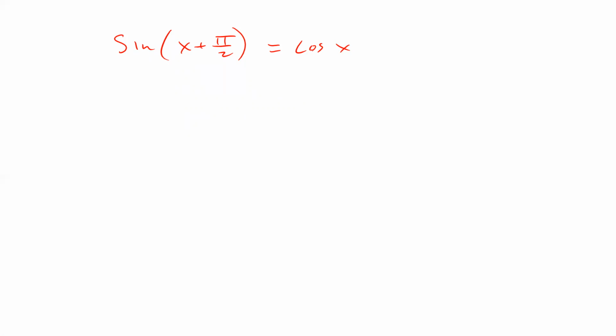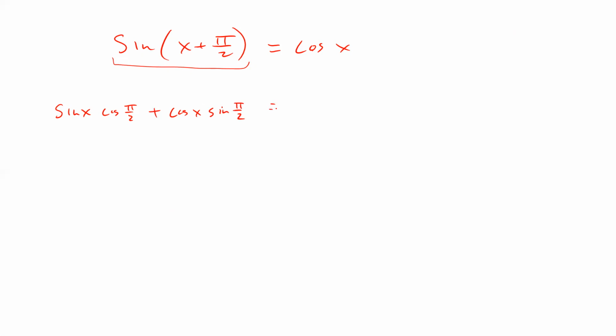Okay, we good? So if we do this, we say to ourselves, okay, hold on, that is the sum formula for sine, isn't it? See if this makes sense. This would be sine of x cosine of pi over 2 plus sine of pi over 2 times cosine of x. See if this makes sense, guys. Talk to me here.